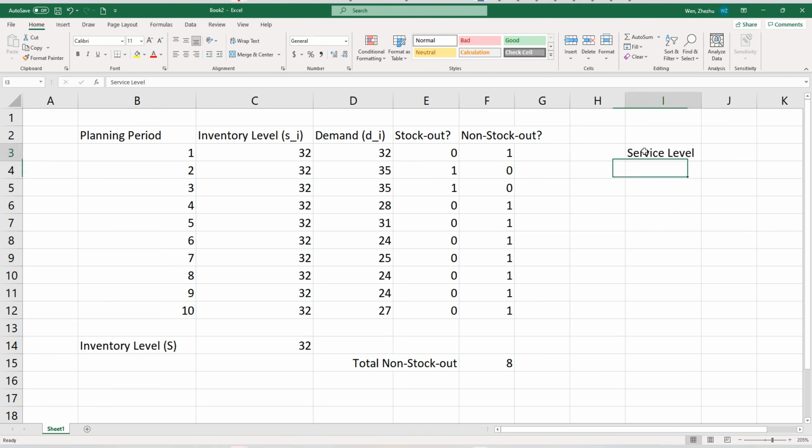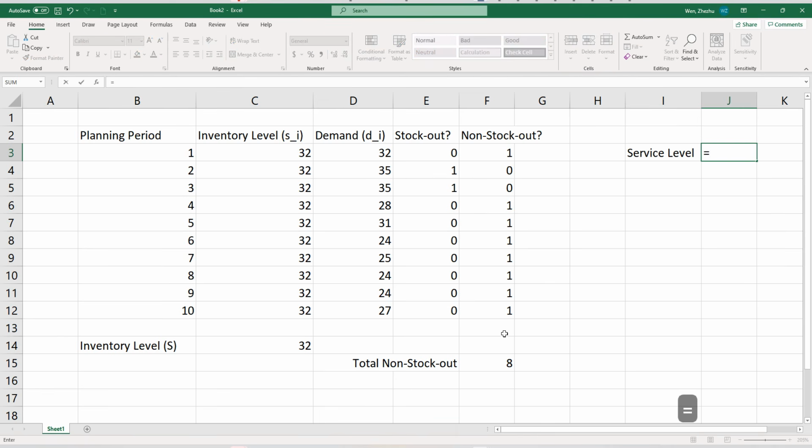Therefore the service level here, which is the frequency of non-stock out, which can also be seen as the probability of non-stock out for each customer, is basically 8 over 10, because we have only 10 planning periods. If you did 20 planning periods, the denominator should be 20.